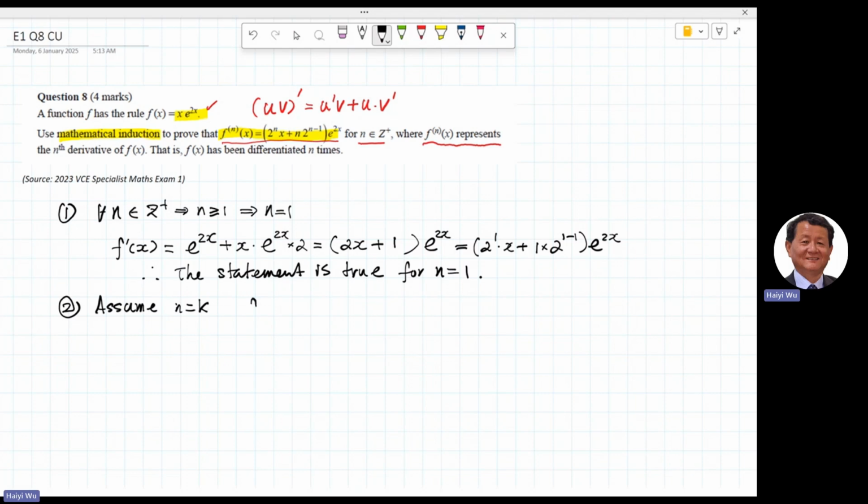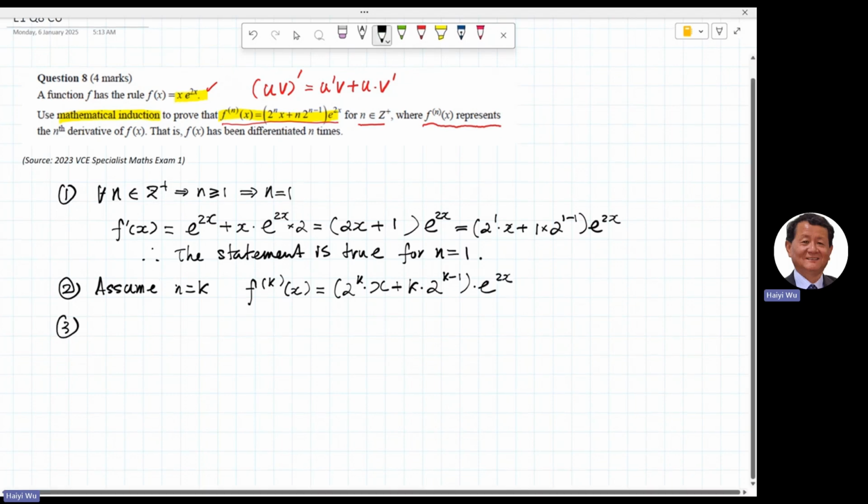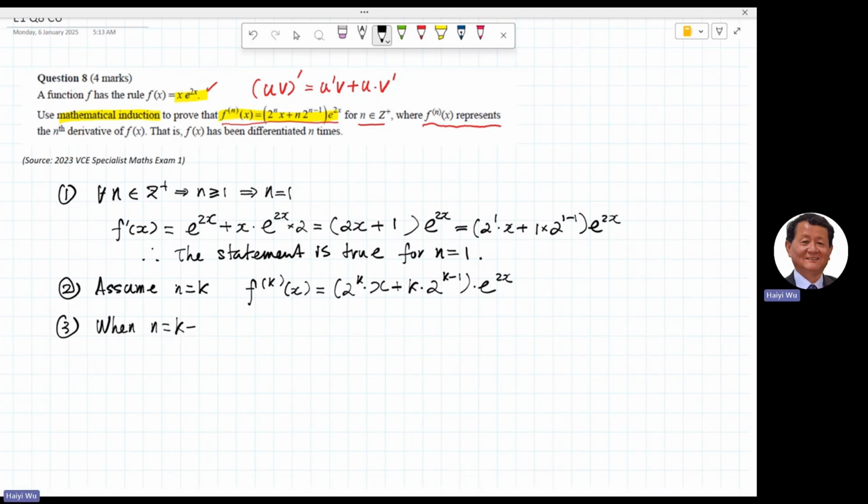Which means the kth derivative of the function is equal to 2 to the power of k times x plus k, times 2 to the power of k minus 1, times e to the power 2x. Now we're going to do step 3, the n equal to k plus 1 term, which is called the inductive step.